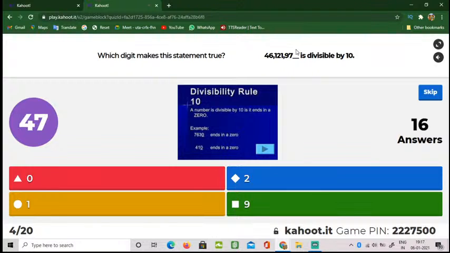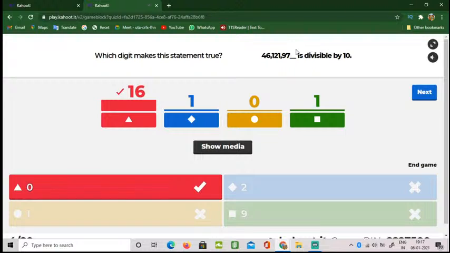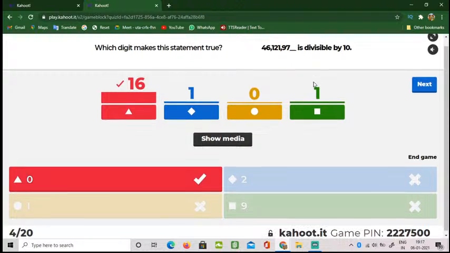You can see the divisibility rule on the screen. So I've got 17 answers. Okay. So I think one more has joined. So 16 of you have got the answer right and 2 have gone wrong. That's completely okay. So we have some more questions to do.